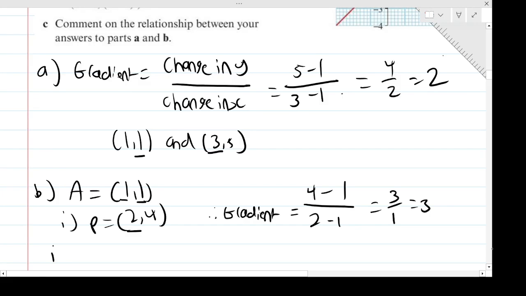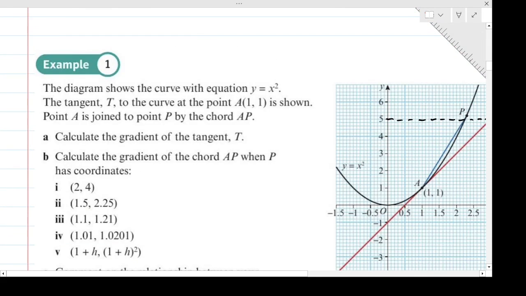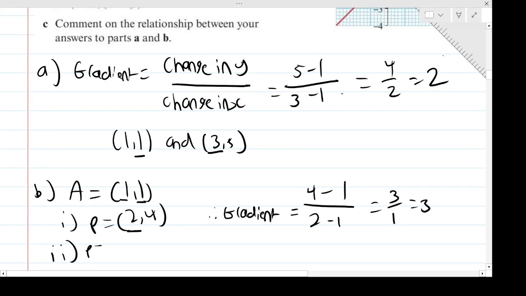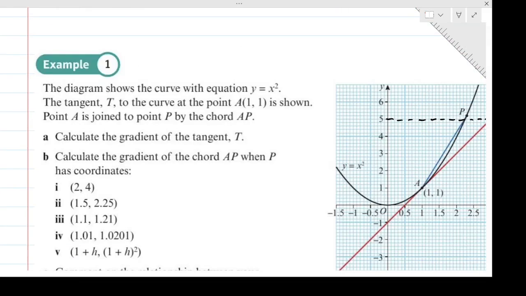Now we're told, in the second part, P is (1.5, 2.25). So what we're essentially doing is moving P about. We're starting at P, which is at x equals 2, and now we're moving it to 1.5. So that P would be about there somewhere. In that case, we don't need to use the graph to find the gradient, because we can just use the points we've got.